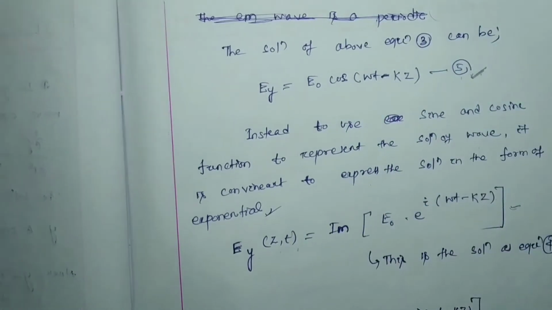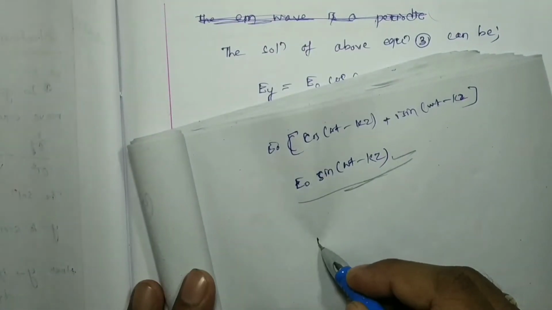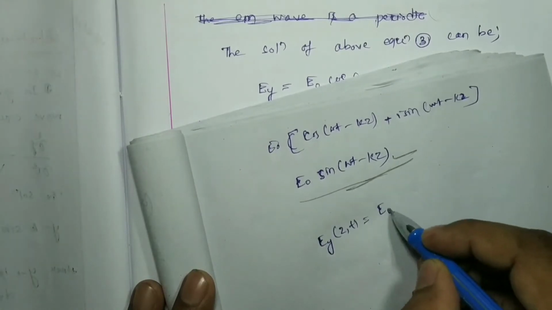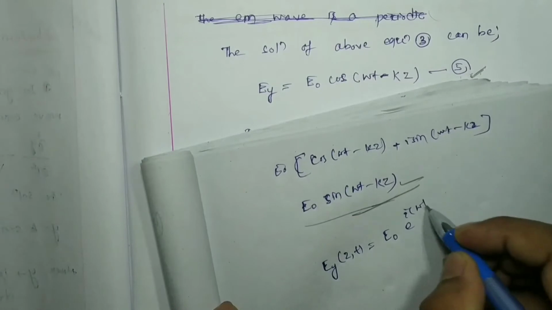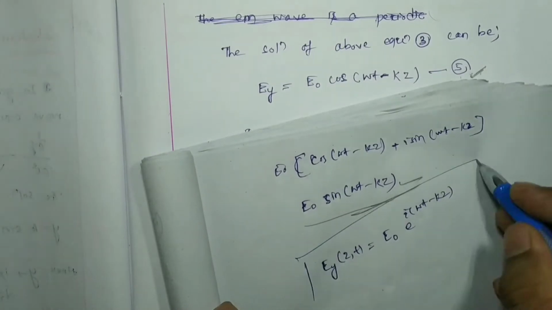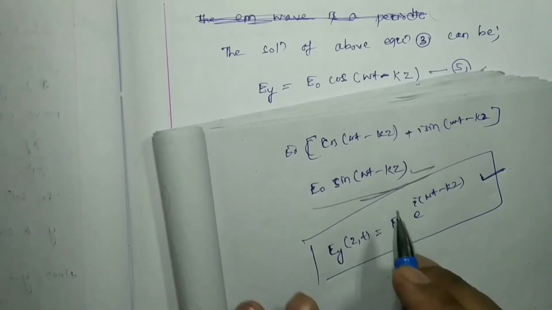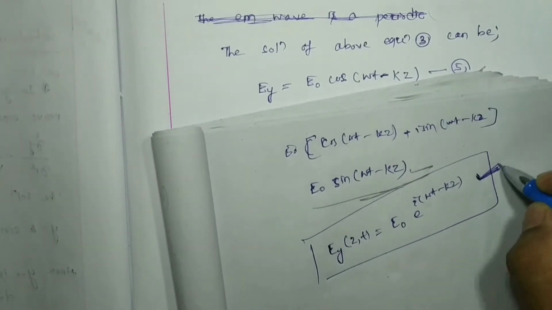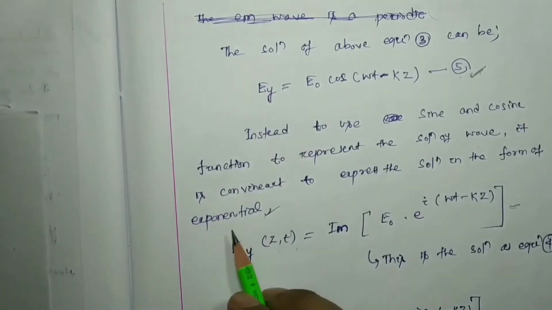In general, Ey(z,t) equals E0 e to the power i(omega t minus kz), and in this solution both sine and cosine functions are present. Only for that reason it is convenient to represent the solution in the form of an exponential.